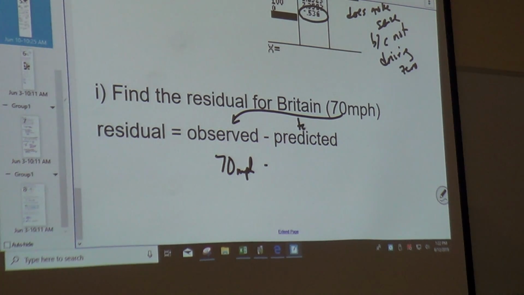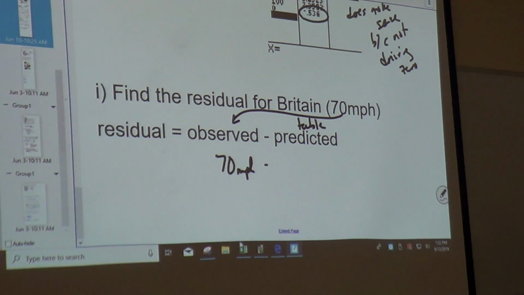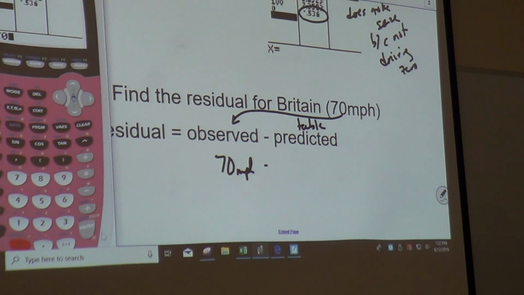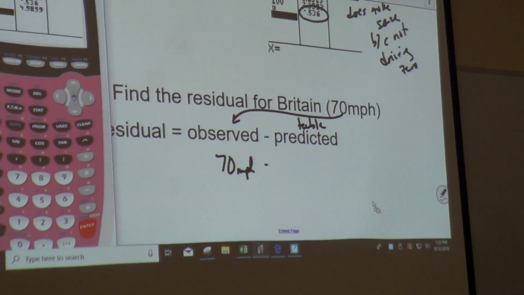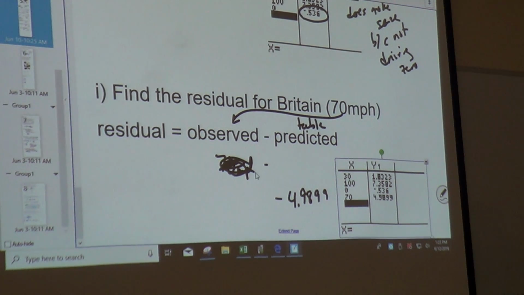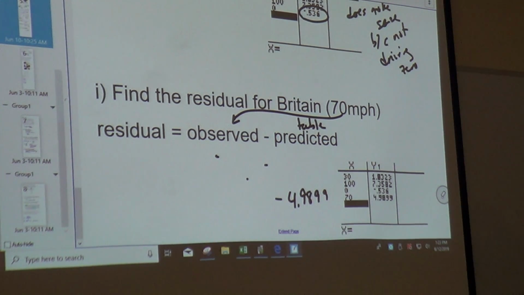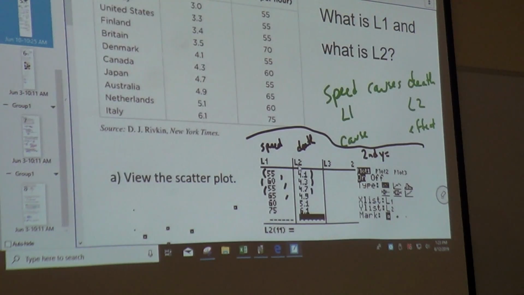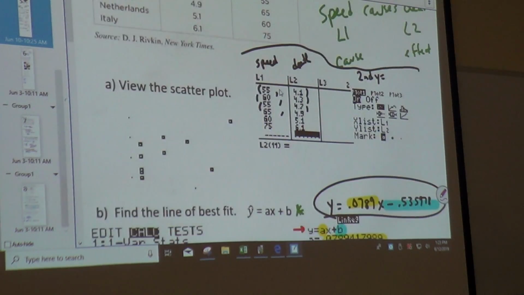You're going to go to your table and get it from your table. So if I go in there and I type in 70, hold on, this is 4.9899. Didn't mean to type in 70, I meant to type in its death rate. What is its death rate at 70? For Britain, 3.5.